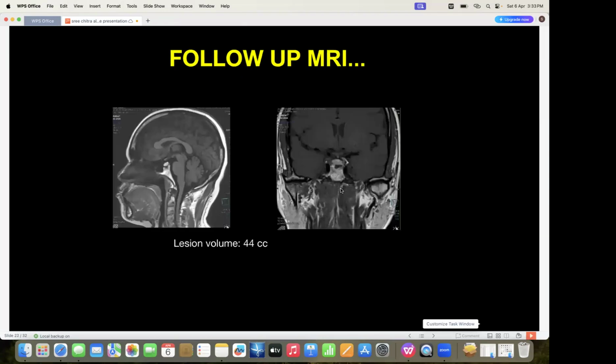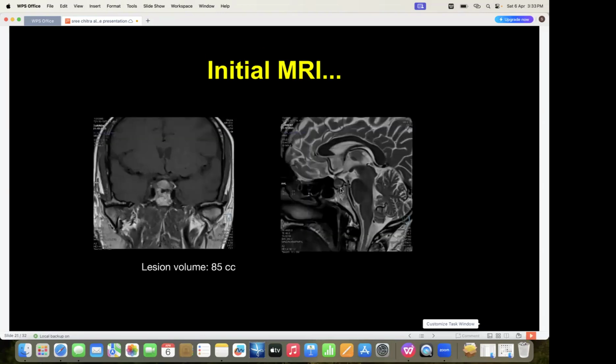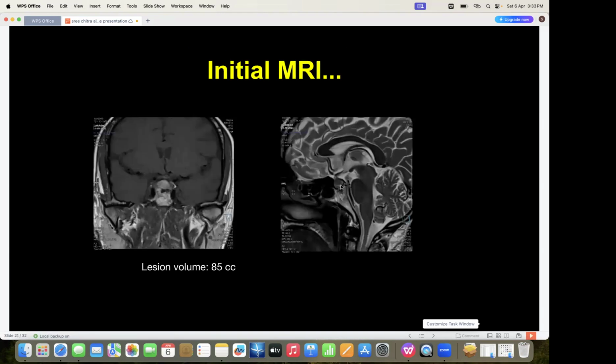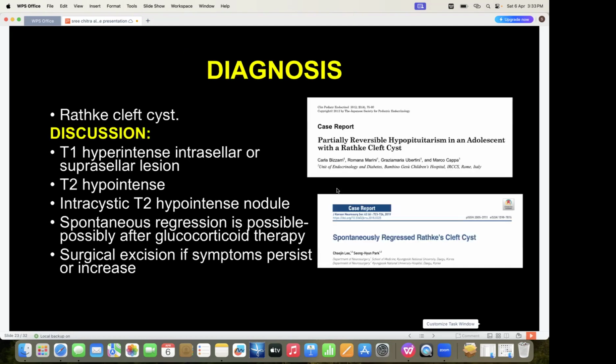From the initial MRI findings, it was given as pituitary adenoma, something like Sheehan syndrome with hemorrhagic pituitary adenoma, and craniopharyngioma was also considered. Then in the second MRI, after analyzing all these findings, we noted that usually in Rathke's cleft cysts there is an intracystic T2 hypointense mural nodule, which is not present here, but there is heterogeneous hypointensity on T2. Still, we finally gave the possible diagnosis of Rathke's cleft cyst.